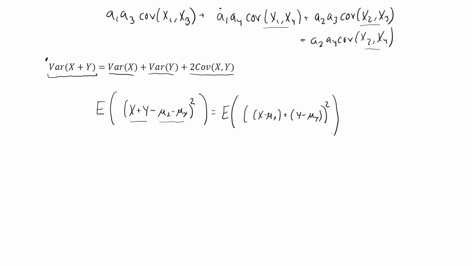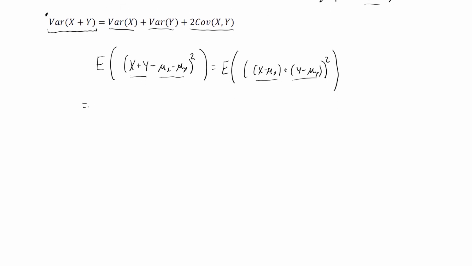If I do this square, I get the square of this plus the square of that plus 2 times the product. So this is the expected value of (X minus mu_x) squared plus (Y minus mu_y) squared plus 2 times (X minus mu_x)(Y minus mu_y).